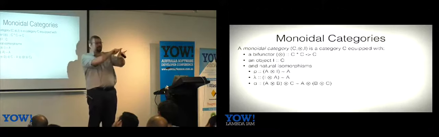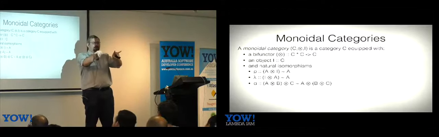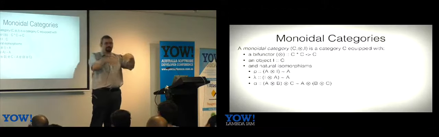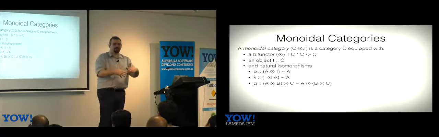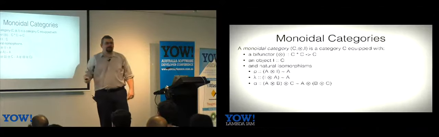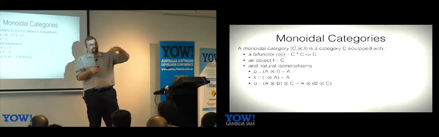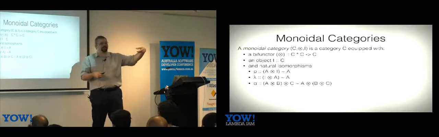It doesn't matter if you compose from here to there and then to a third thing, which order you compose the arrows in, you get the same arrow. So arrow composition is associative. It's like a really fancy form of a monoid. You have the associativity, and you have this extra thing, which is that for every object, you have an identity arrow, which acts like the unit that we had for our monoid.